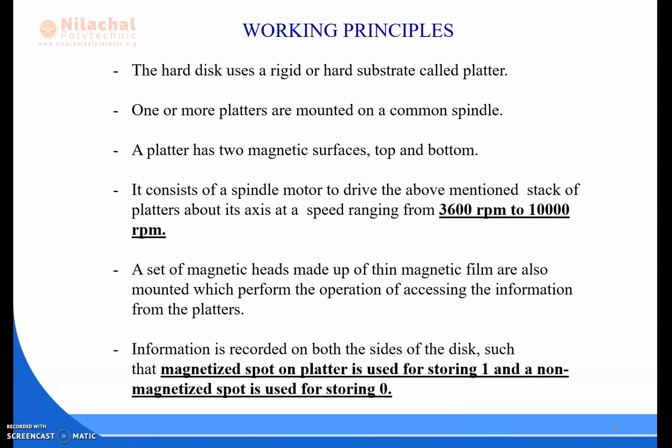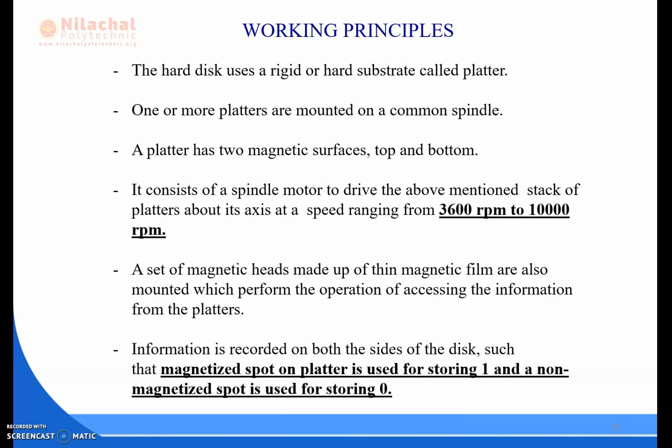A set of magnetic heads made up of thin magnetic film are also mounted, which perform the operation of accessing the information from the platter. We have already discussed that there is a magnetic read-write head which is mounted on the platter so that we can read or write the digital data in zeros and ones.